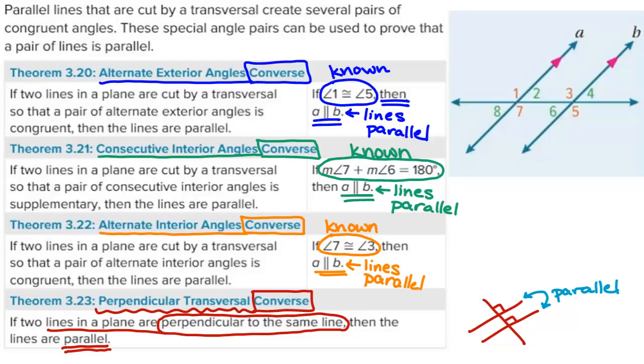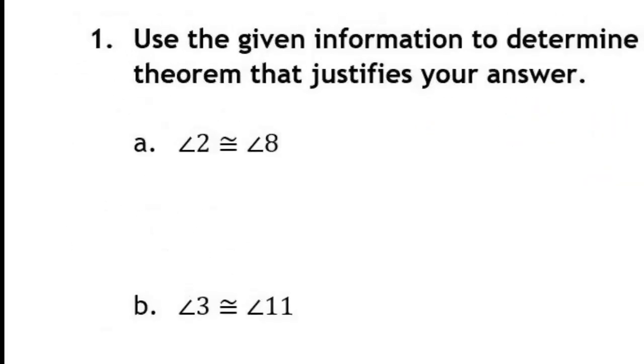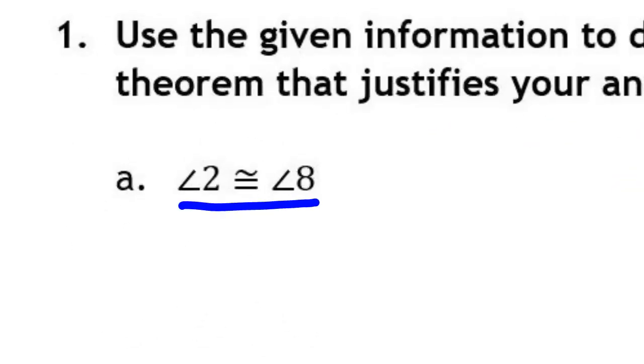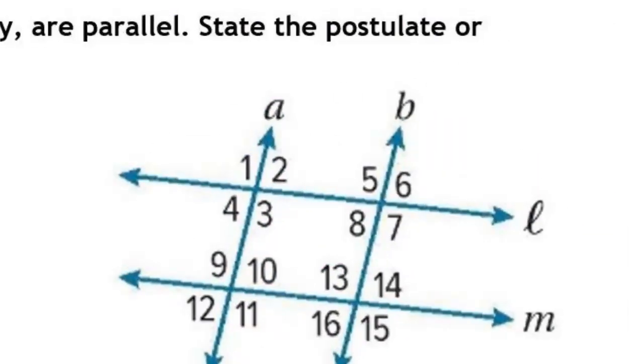Let's look at number 1 now. Use the given information to determine which lines, if any, are parallel. State the postulate or theorem that justifies your answer. If I know angle 2 is congruent to angle 8, well, here's angle 2, and here's angle 8.